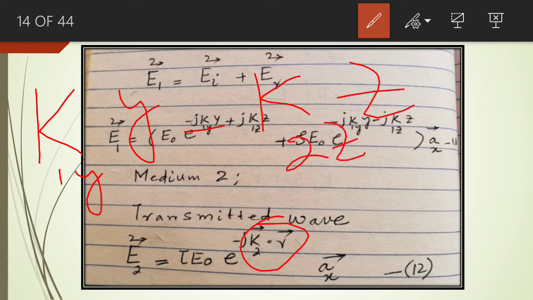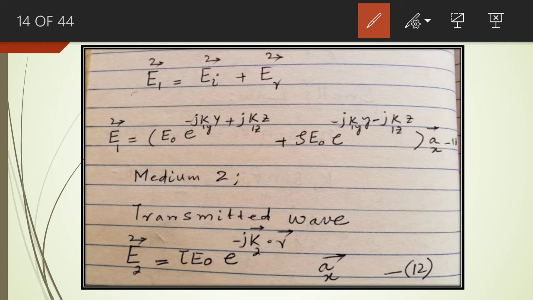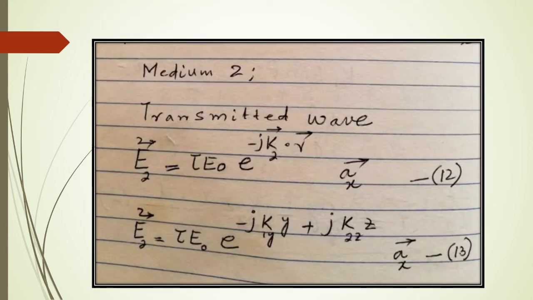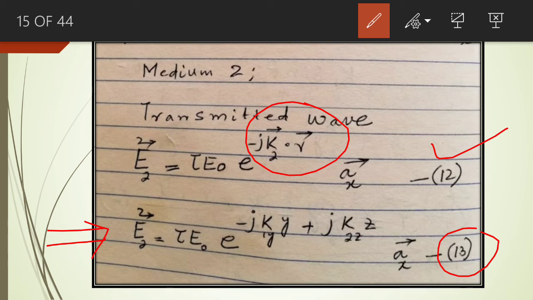So we put this value in equation number 12, and we obtain equation number 13. So E2 will be equal to tau E naught into e raised to power minus j k1 y plus j k2 z, multiplied by ax.